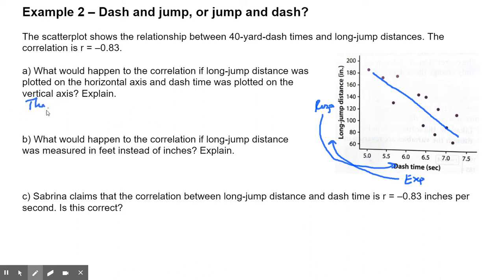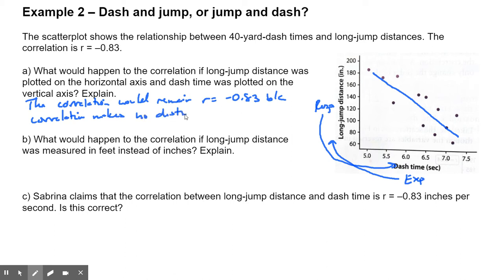We're going to say the correlation would remain R equals negative 0.83 because correlation makes no distinction between the explanatory and response variables.